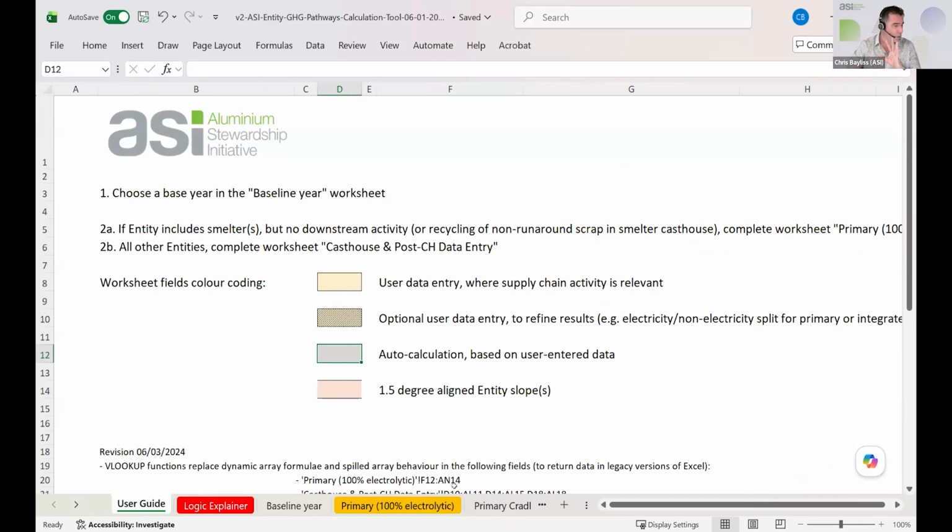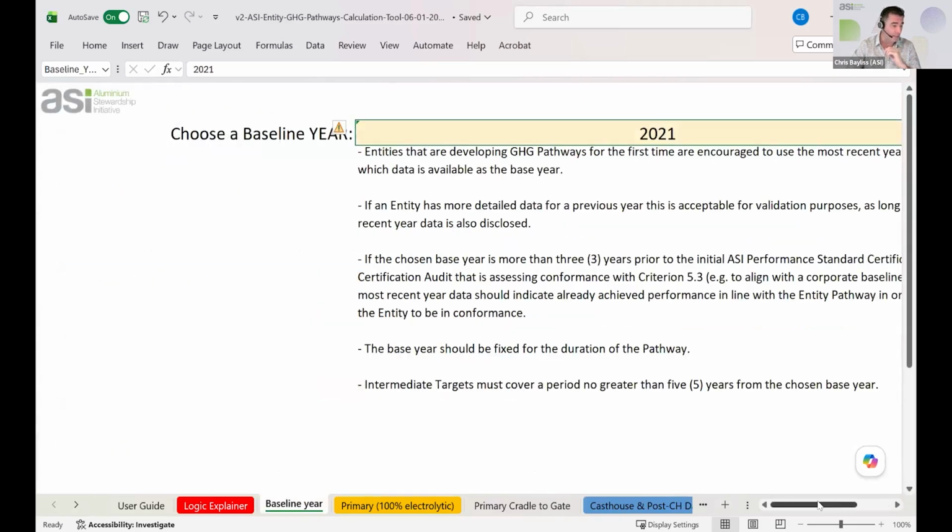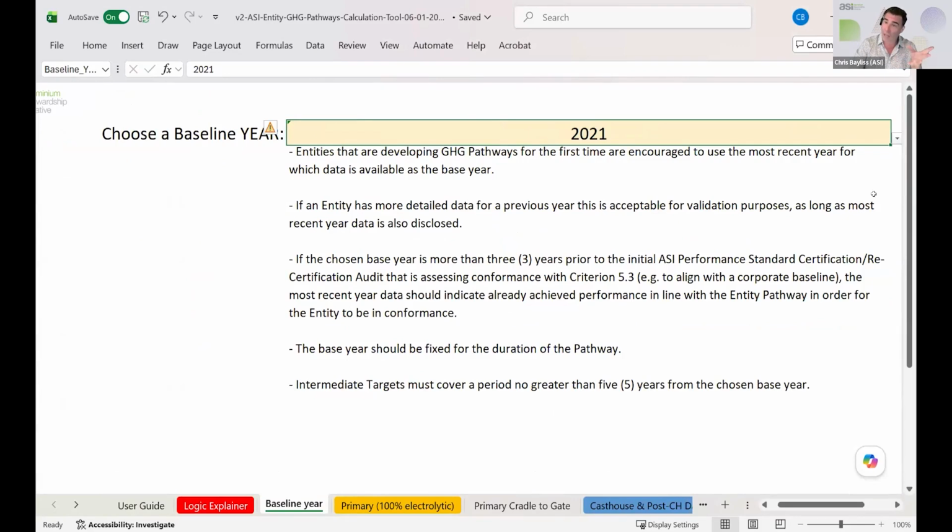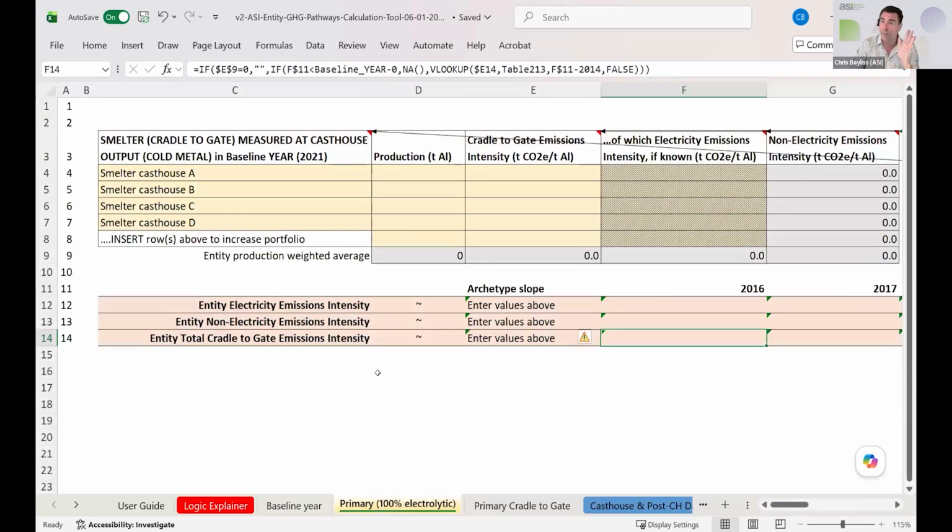Essentially, there are two tabs of interest for entering data. Or three, actually. The first of those is for everyone, no matter where you sit on the value chain, and it's the choice of baseline year. It can be as early as 2016 or as late as 2024. Once you've chosen your baseline year, that flows through the whole of the document.